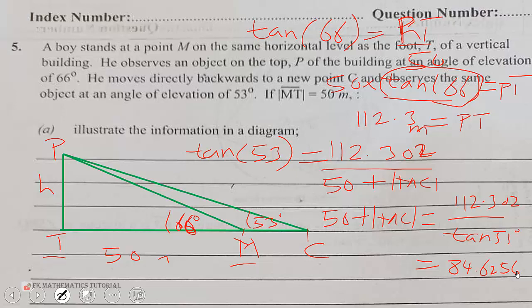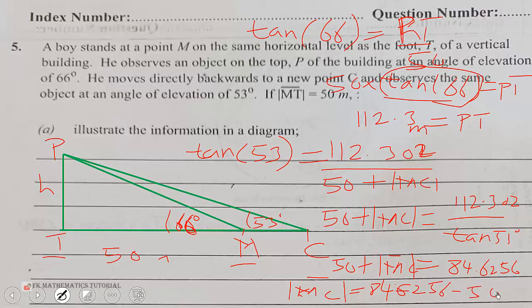So 50 plus magnitude of MC is equal to that. So magnitude of MC will be equal to 84.6256 minus 50.